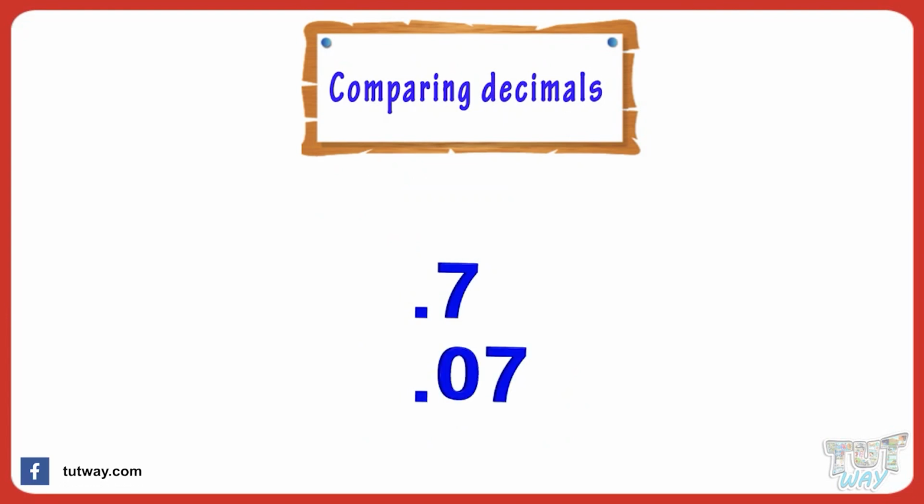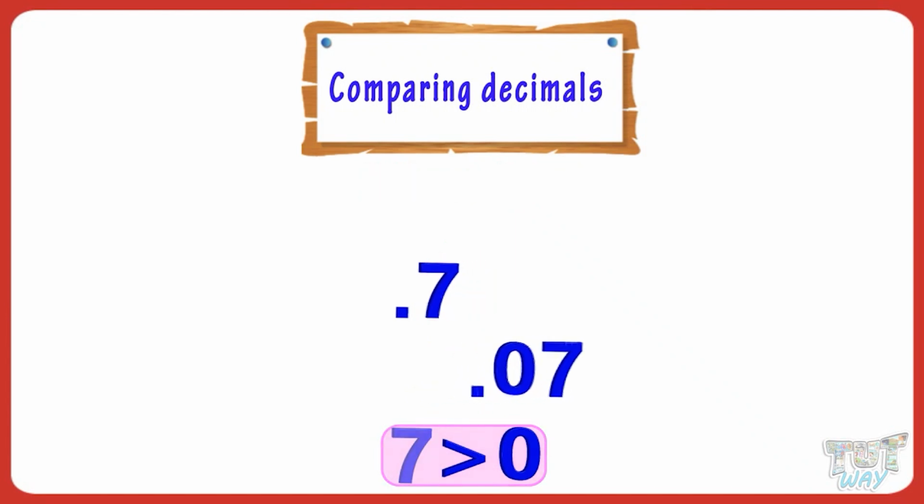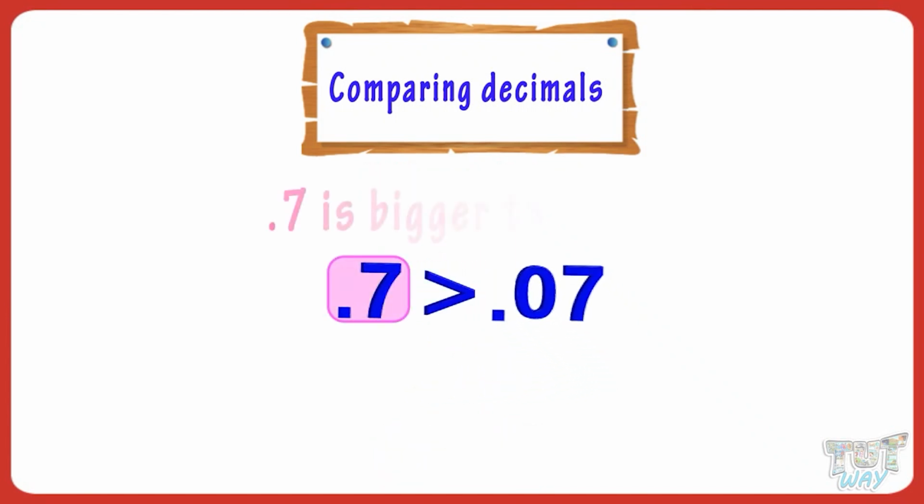We have to start at left and look for the first place where the digits are different. And here, the leftmost digits are different. So comparing 7 and 0, we get 0.7 is bigger than 0.07.